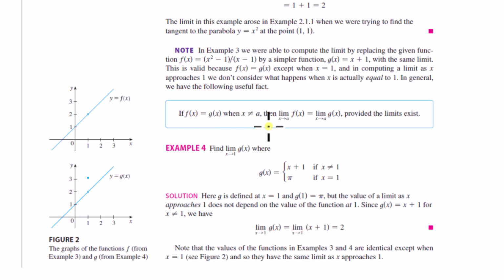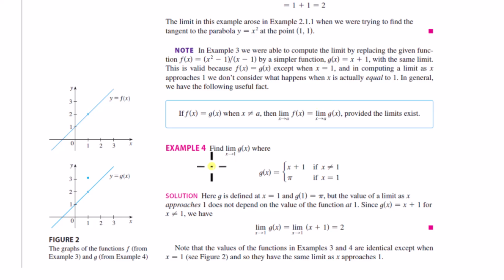If that's the case, then the limit as x approaches a of f of x is equal to the limit as x approaches a of g of x, provided the limits exist. And this is completely intuitive. The whole result of this is because what's happening at the actual limit value, the limit point, what the function is doing is completely meaningless when it comes to limits. So this makes complete intuitive sense.